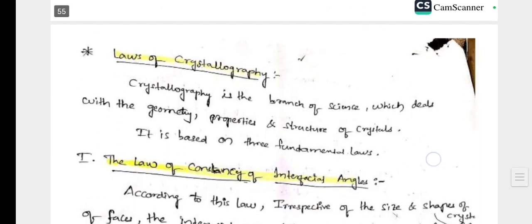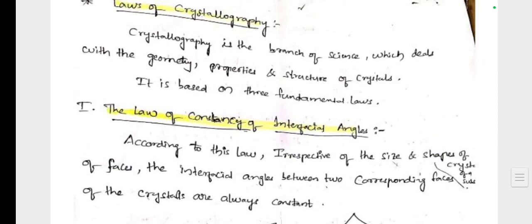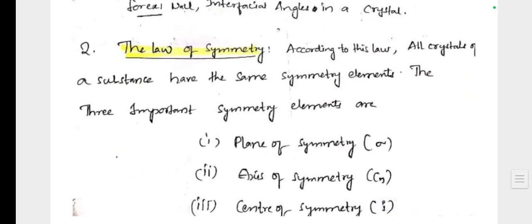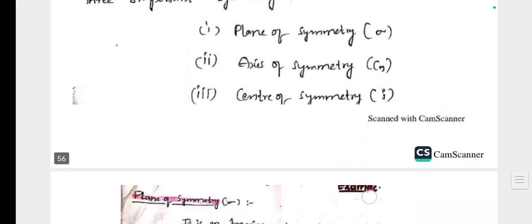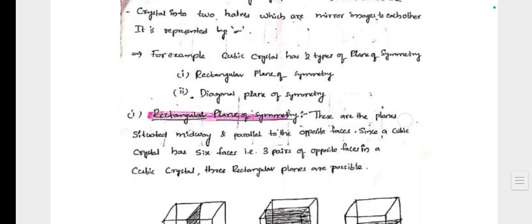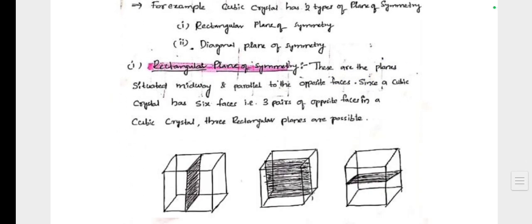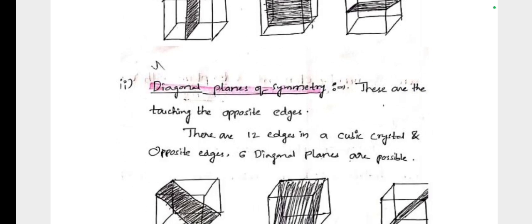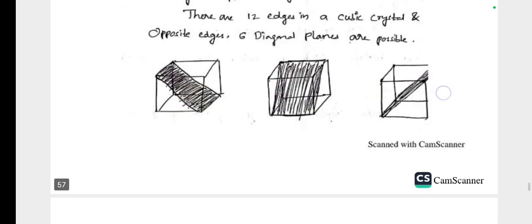Next, solid state: law of interfacial angles and law of symmetry, plane of symmetry, axis of symmetry, center of symmetry. Okay, in a cube, the planes of symmetry are those which divide the cube into two halves. Axis of symmetry, different types of axis: C4, C3, C2.